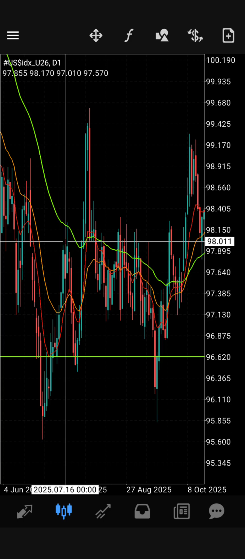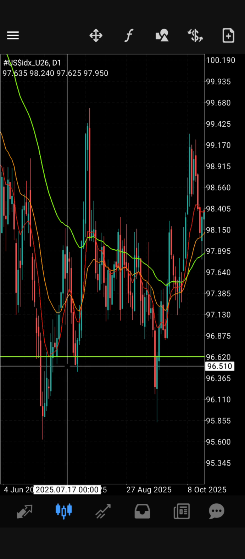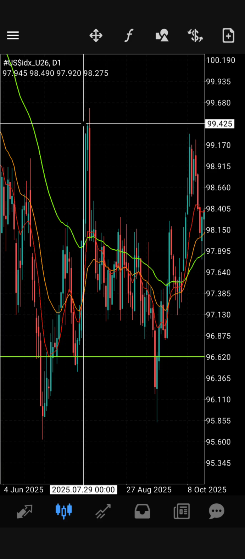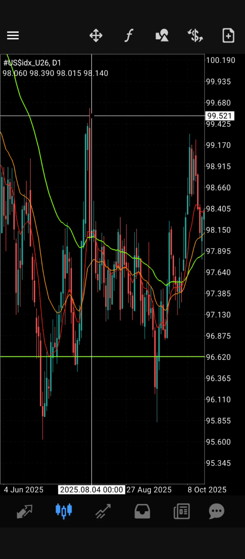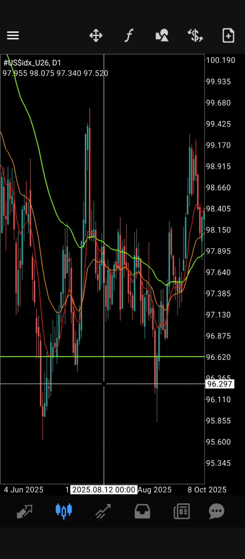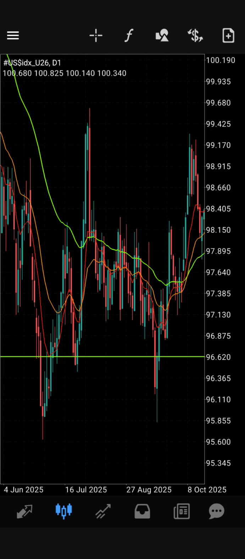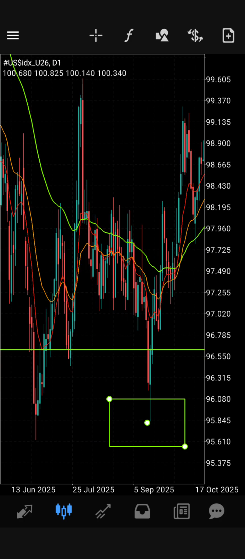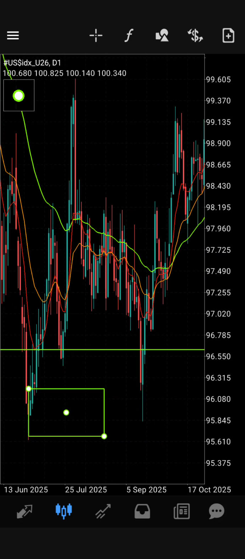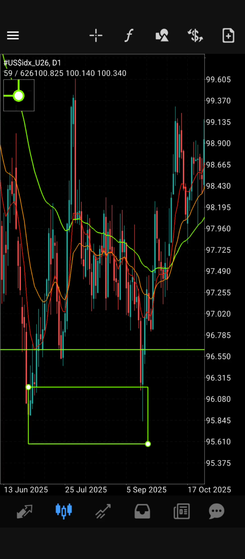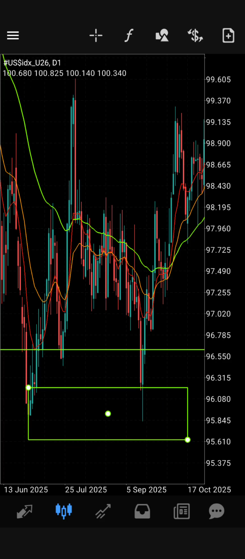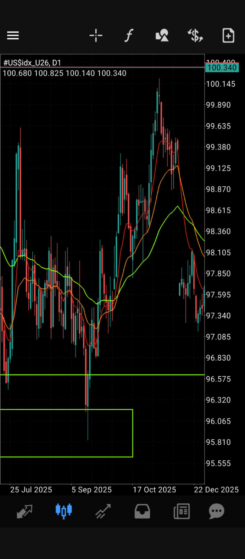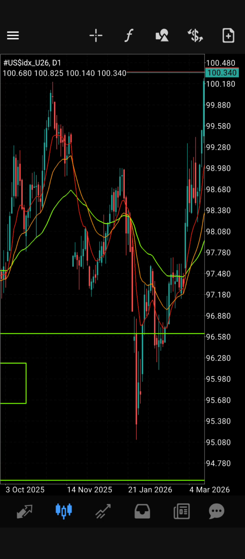This high failed to break that previous high, came back again, then broke, gave us a higher high, and then we will obviously be looking for a test of a zone within that monthly zone. So this is a daily zone that was tested within the monthly zone, and then price went up.